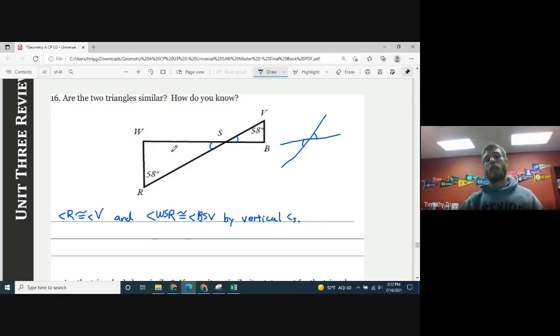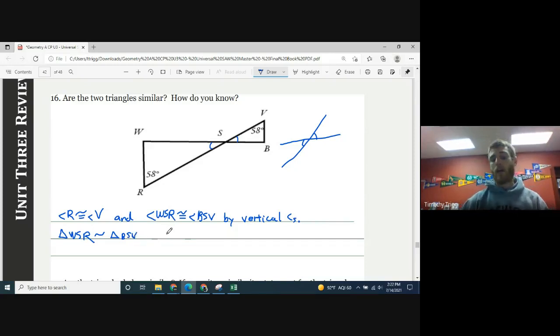So now we have these two triangles. They have two pairs of congruent angles, right? Angles R and V are congruent, and angles WSR and BSV are also congruent. So two angles from one triangle are congruent to two angles from another triangle. Then we could say definitely triangle WSR is similar to triangle BSV.